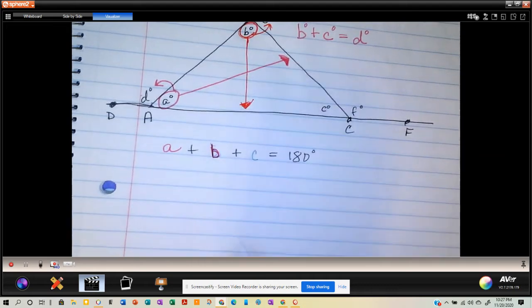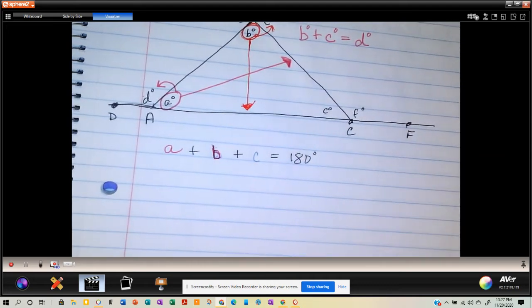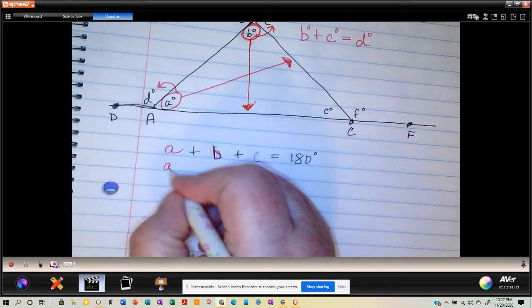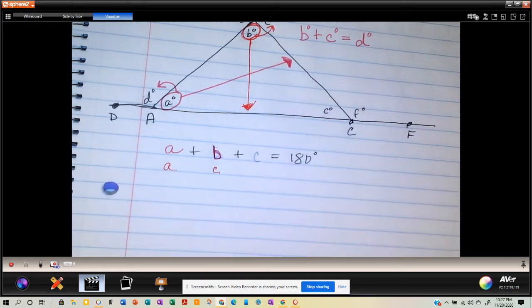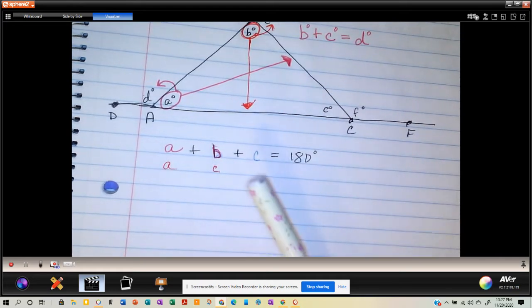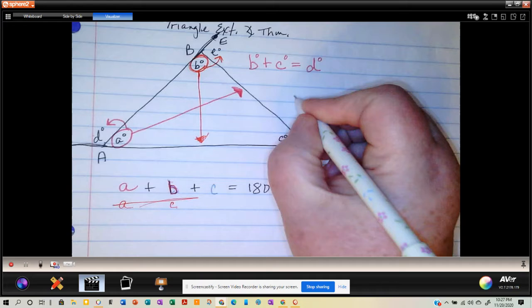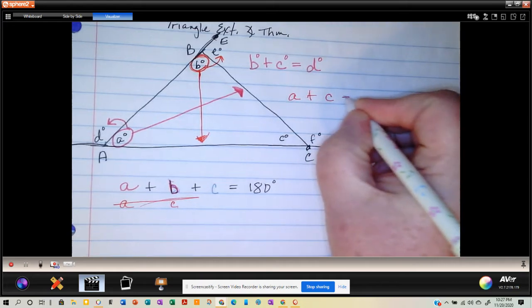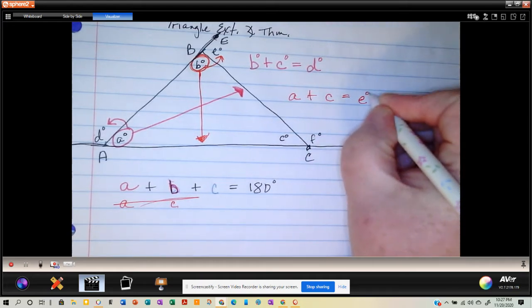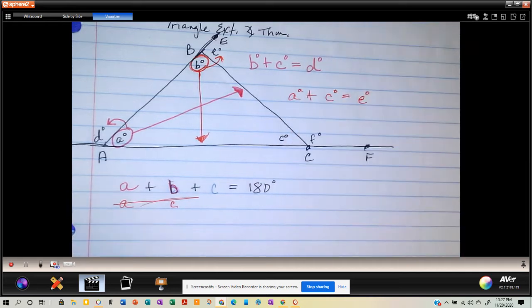So B says, hey, A and C, help me out here. A plus C equals E.